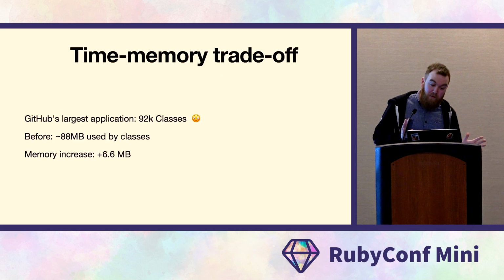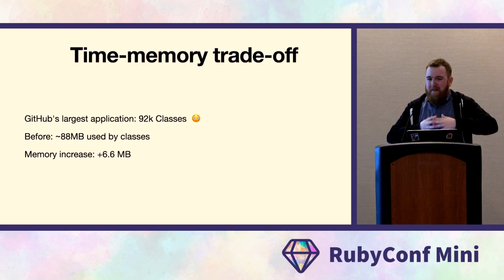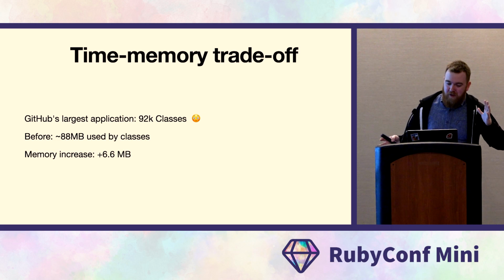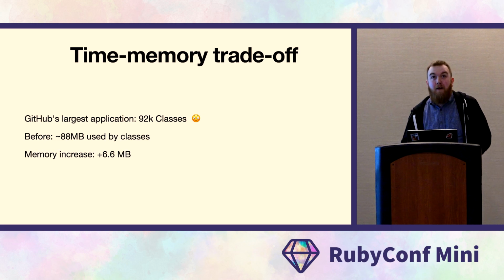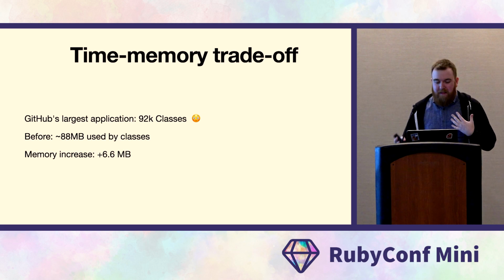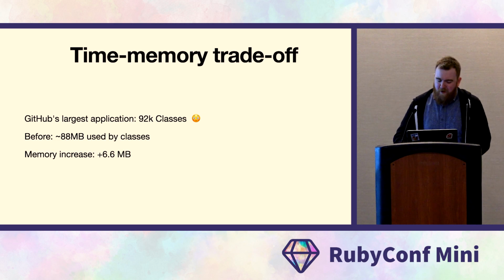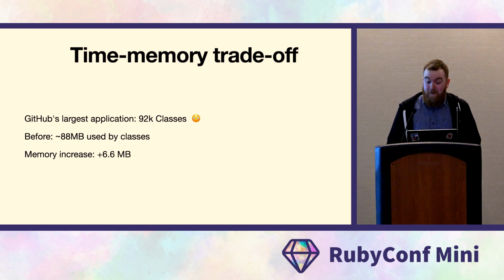There was a slight downside, which is that it does use more memory. We need to build this array for each class in order to check it, and I really wanted to build the array at boot time rather than building it lazily, just so it's even faster. Again, our application is very large. It has 92,000 classes, which I don't know if that's the largest. I'd love to know.